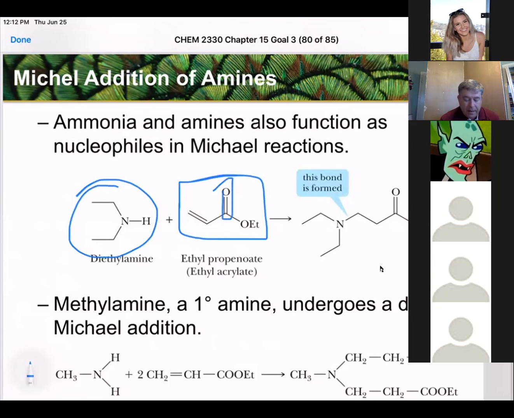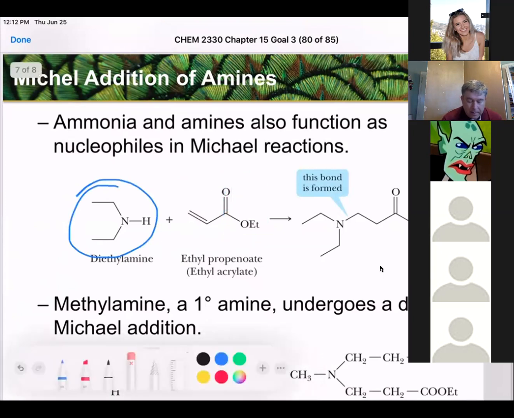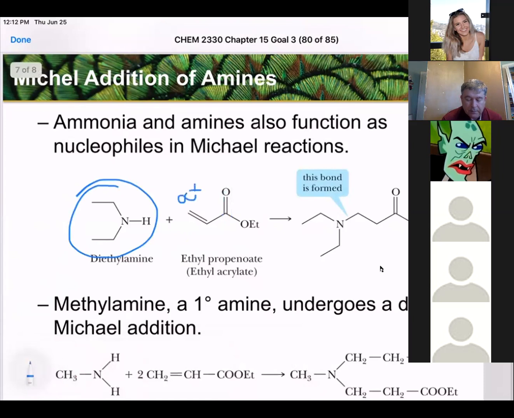Okay, remember, by having that carbonyl in conjugation with our double bond here, we end up having a resonance stability where we have a partially positive center here, our partially positive center here, and our partially negative center up here on the oxygen. Okay?